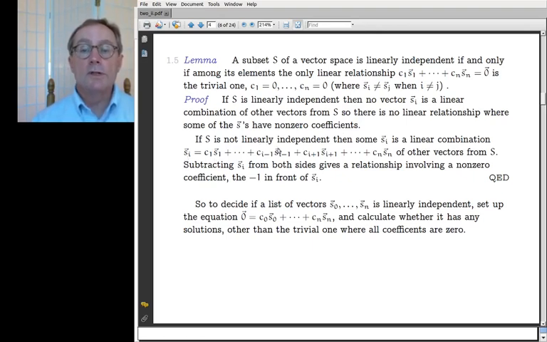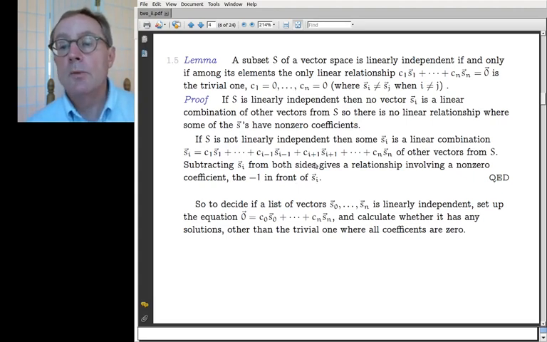And when you move it over to the other side of the equation so that you get 0 on the left and the Si is in there on the right side with the others, you have some collection where there's a linear relationship and not all of the ci's are 0. It's okay if some of them are 0, but not all of them are 0. That would tell you not independent.